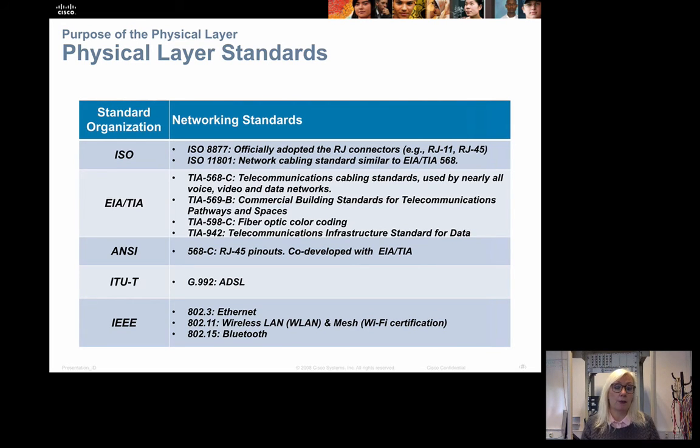And there are different standards that make these protocols. The ISO has given us standards for the copper cabling and the connections, the RJ45, for instance.